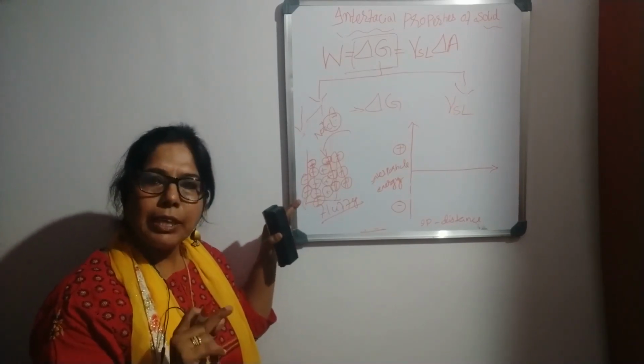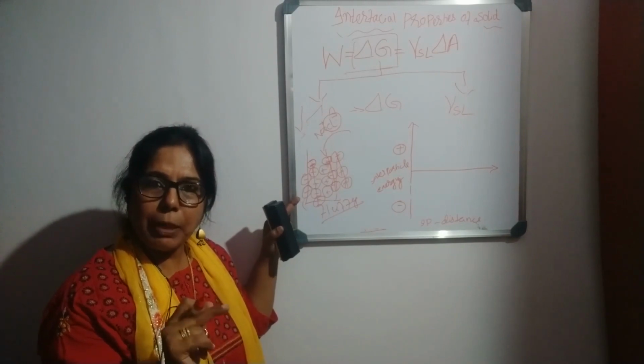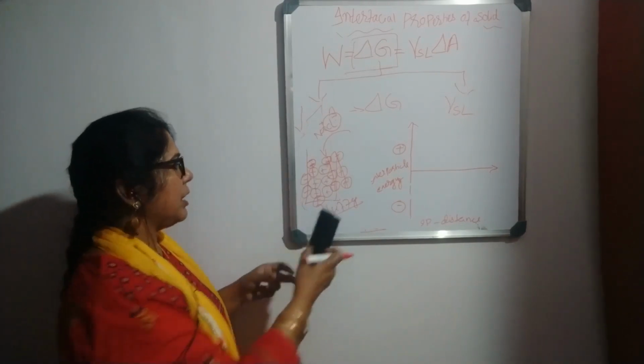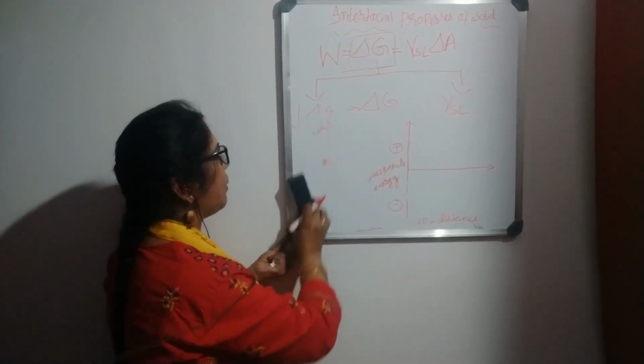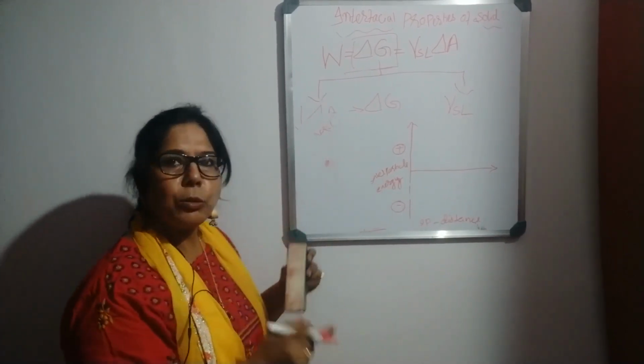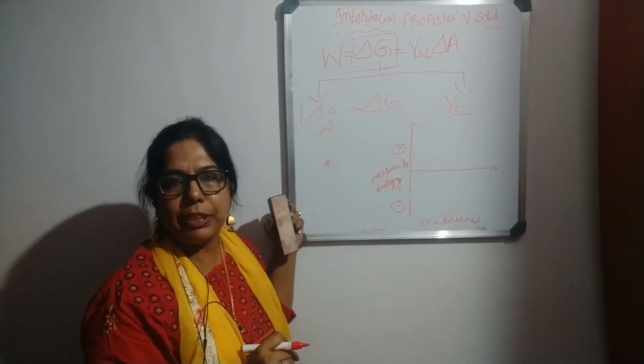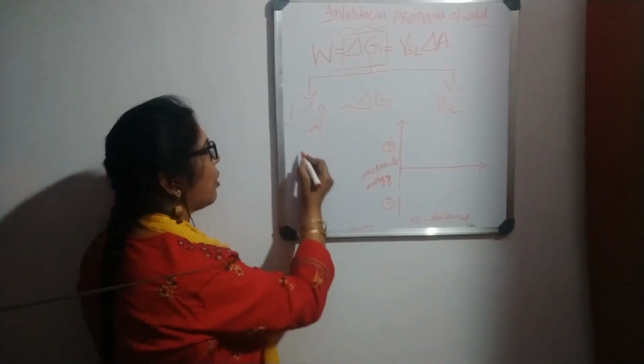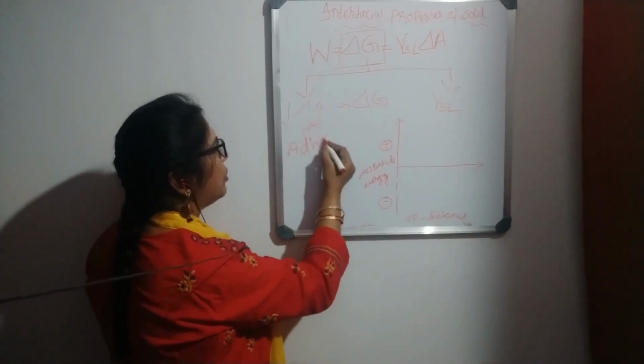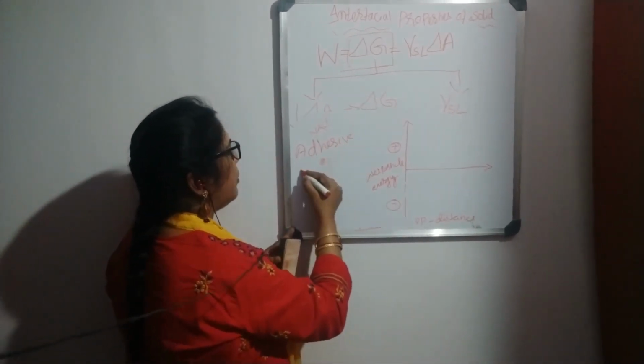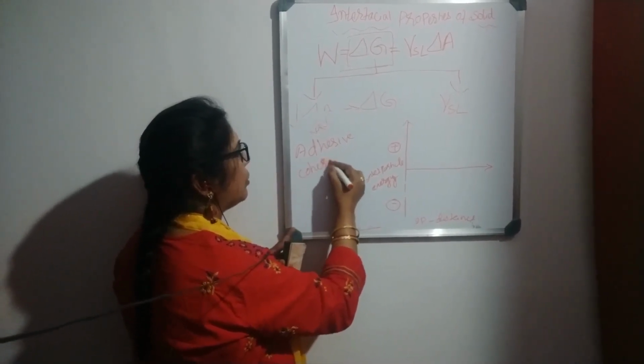Then I had told about zeta potential and interparticle distance. This again I will explain by taking an example. Say there are two types of forces that exist between the particles. One we call the adhesive force and the other the cohesive force.